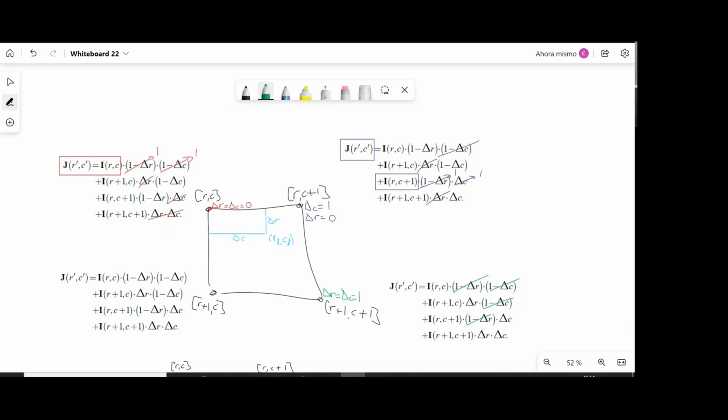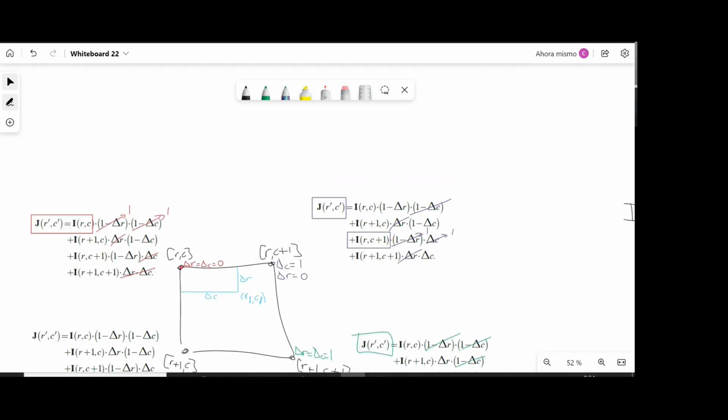This goes, this goes. This is 1, this is 1. So this pixel here is equal to this pixel. So it seems that it has the right structure. And you may expand it, and you will see that it is a plane. Okay, so it seems that it is not.